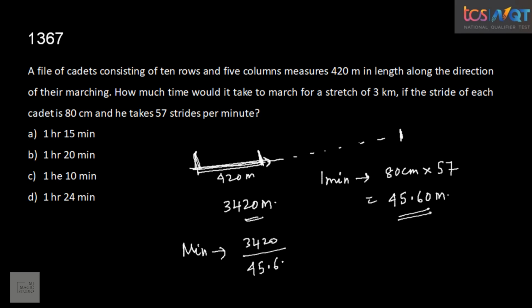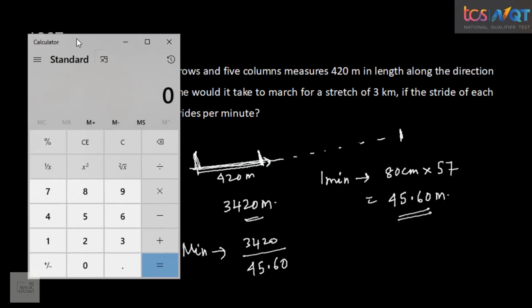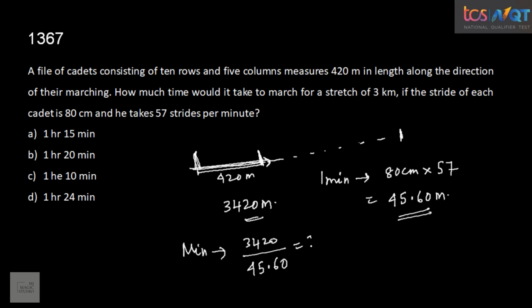We will just divide this by 45.60. So 3420 divided by 45.60 will give 75. That is 75 minutes will be required. That is 1 hour, 75 minus 60 is 15. 15 minutes. 1 hour 15 minutes features in option A.